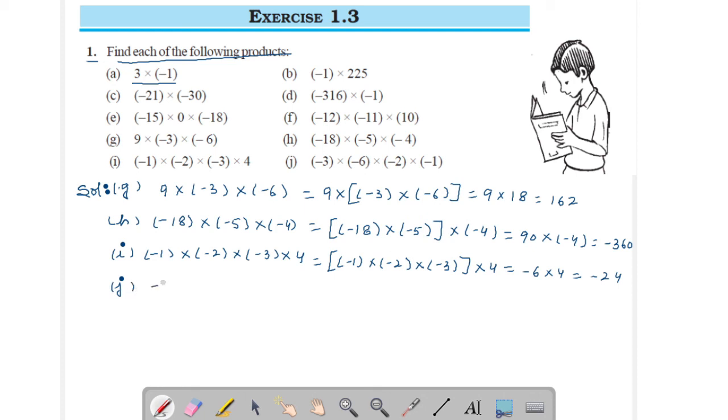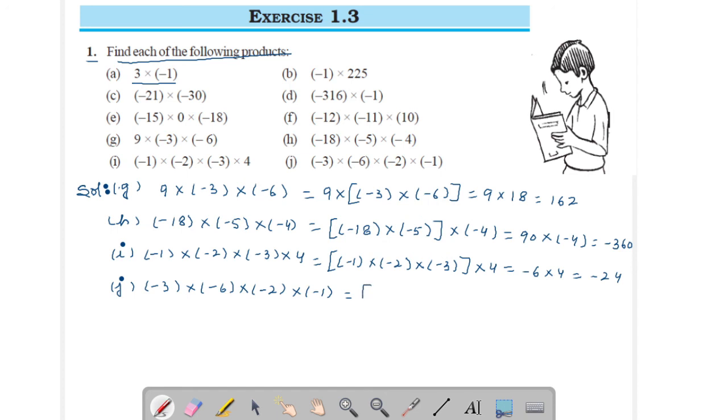Then come to J part. It is minus 3 into minus 6 into minus 2 into minus 1. Here let us multiply two terms together.